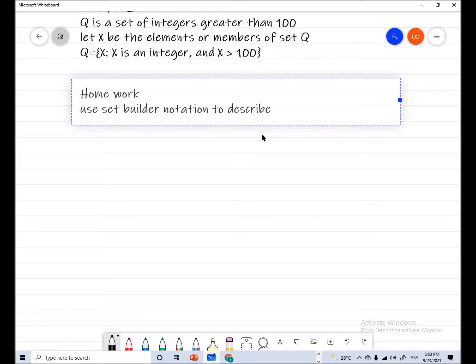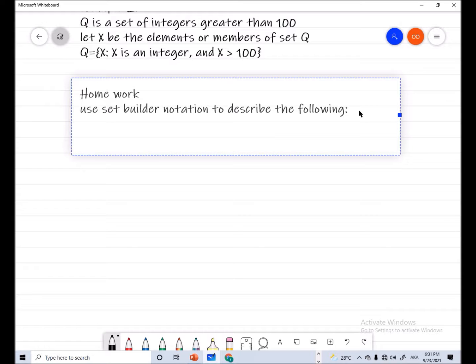A: the set of odd numbers greater than 30.